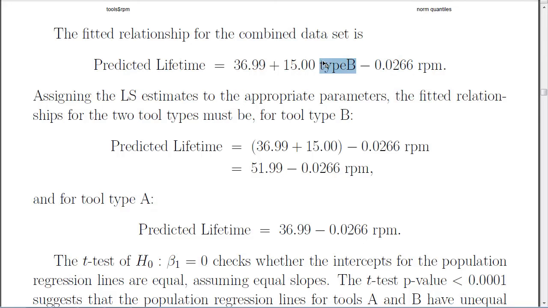When it's tool type B, this indicator variable is a 1, so we end up adding these two intercept terms together, minus that slope. Whereas for tool type A, this indicator is 0, so this 15 never enters into the intercept. So those are the two fitted regression models. And we've tested whether beta 1 equals 0. We rejected that null hypothesis and concluded that the intercepts were indeed different.